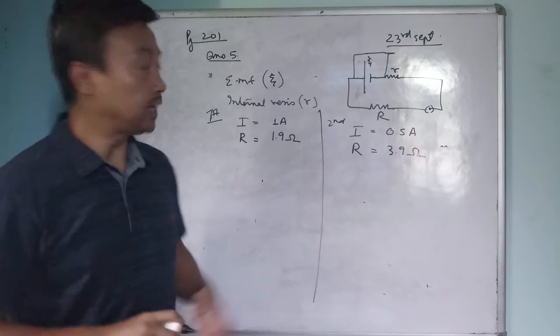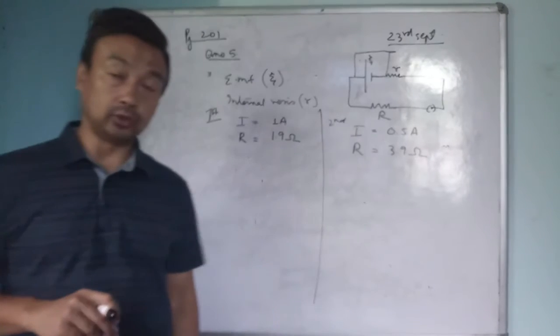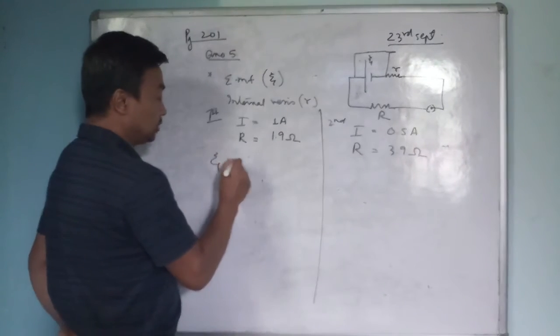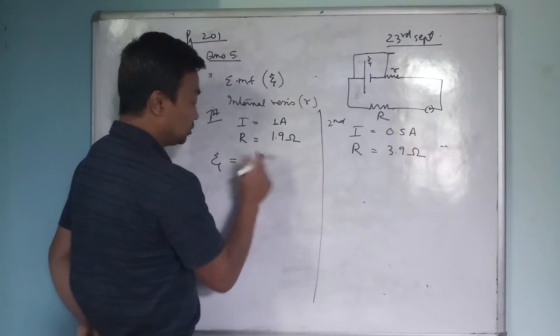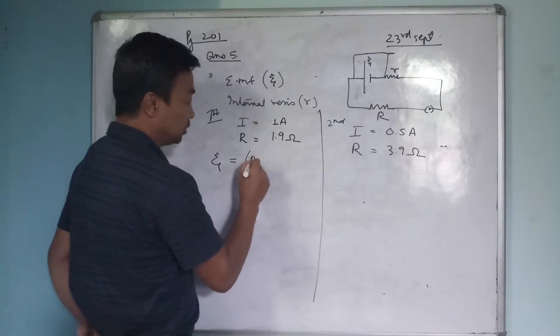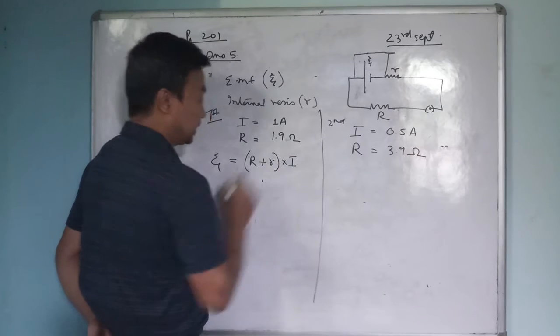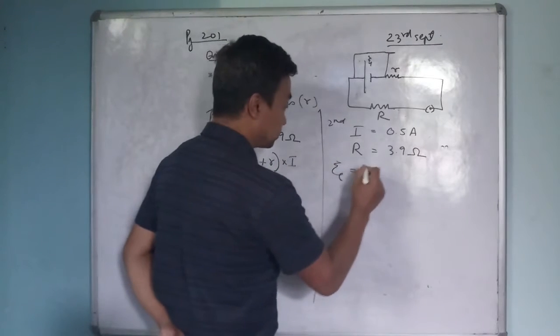Now you have to find the value of this EMF and the internal resistance. So we know one formula, it's quite simple. The EMF is equal to total resistance into current. So here the total resistance will be external plus internal, into the current I. So in both cases the same formula will be used.